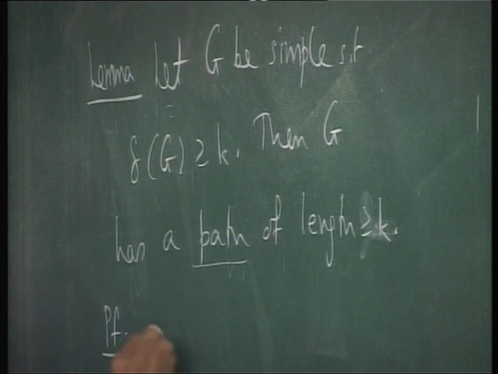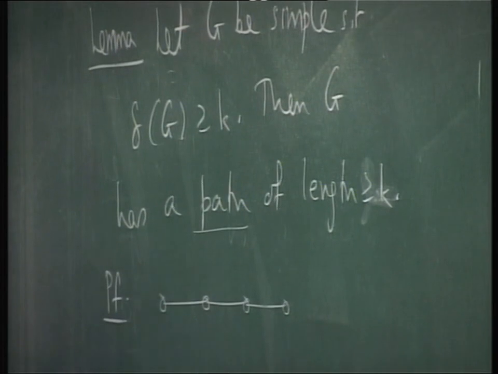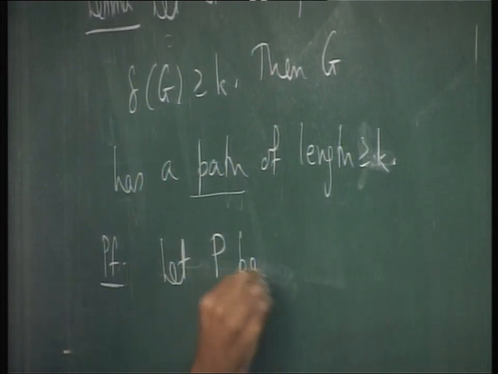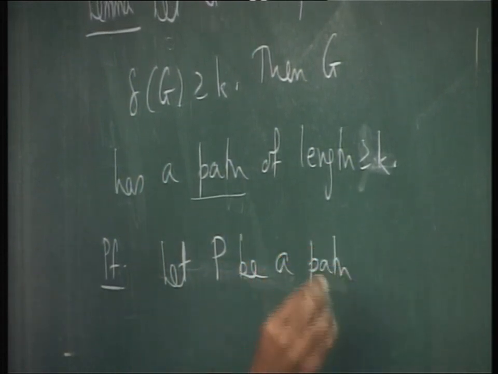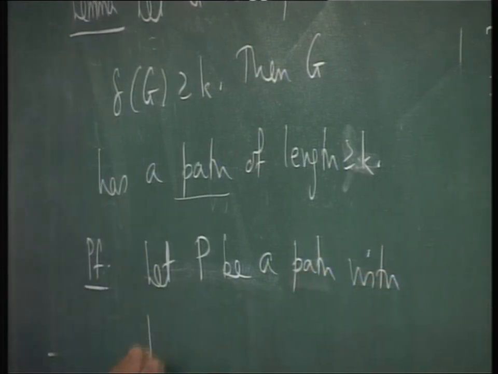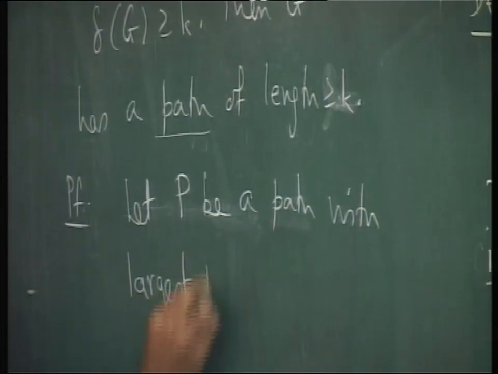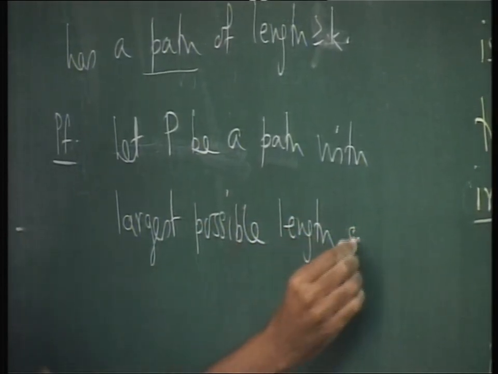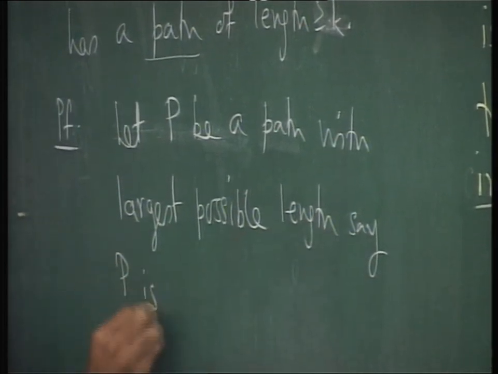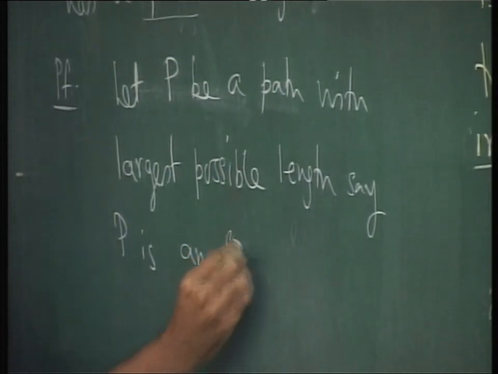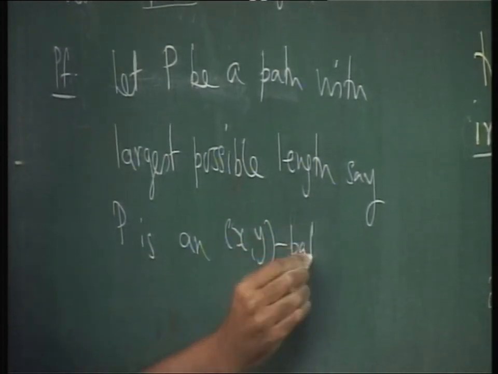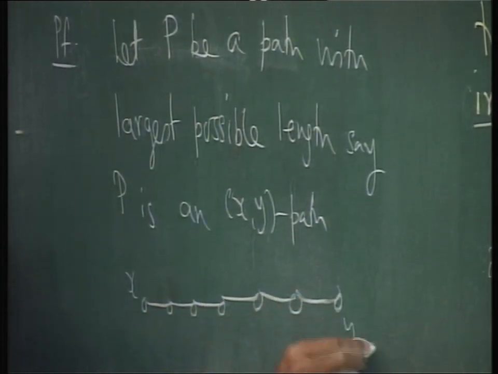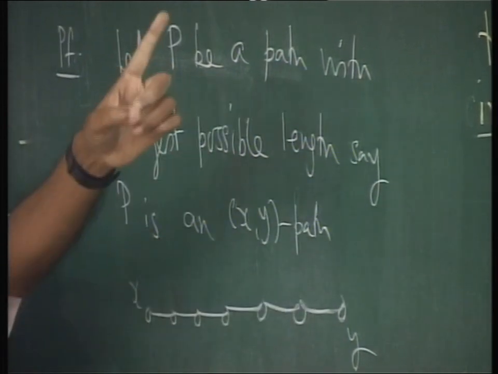What you do is, you look at a path whose length is as large as possible. So let P be a path with largest possible length. Why is it that I cannot extend this further?